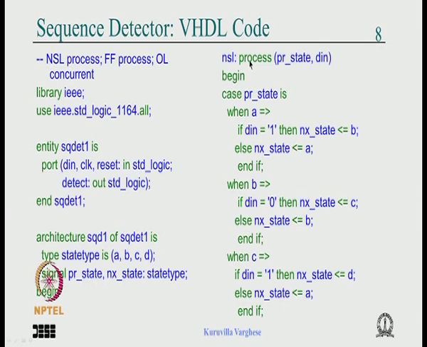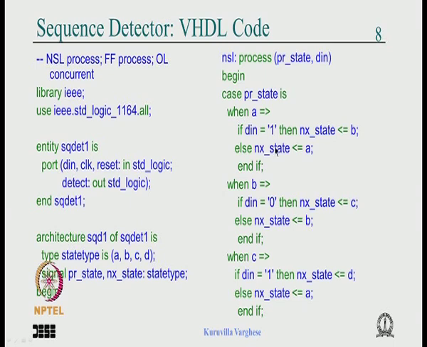Then you write a process for next state logic with the present state and inputs. In this case only one input is there, so inputs are in the sensitivity list. Then you go state by state. Case present state is when A, then you use if on that to specify the transition.